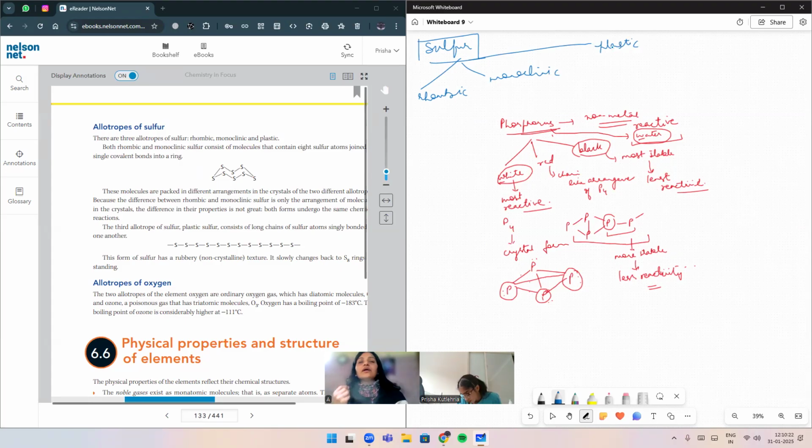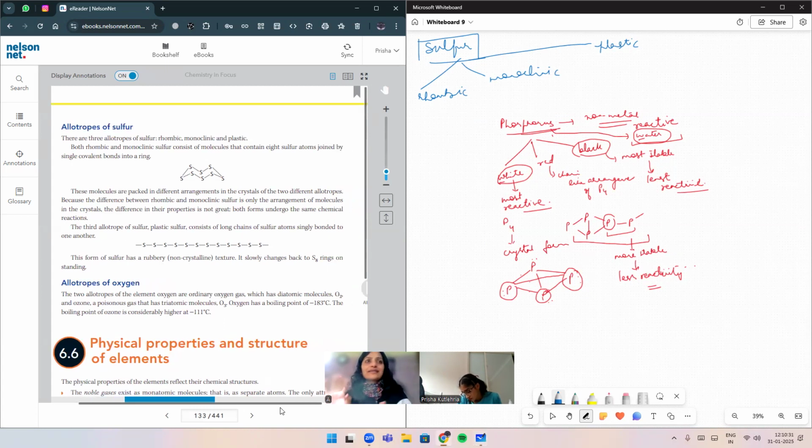Okay, now when we talk about rhombic and monoclinic sulfur, in this case, the 8 sulfur atoms are attached with single covalent bonding, forming a ring-like structure, right? So it's a very beautiful structure. If I say S, again S, then it's a kind of wave-like thing, right? One wave is joined, and this will be the common one.